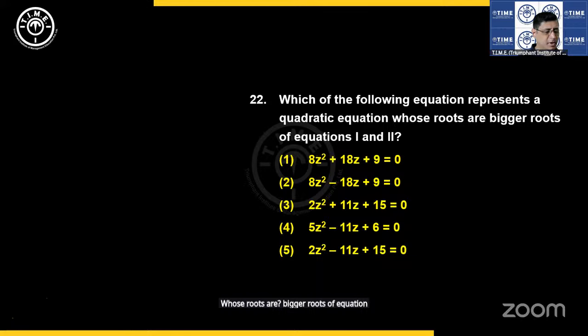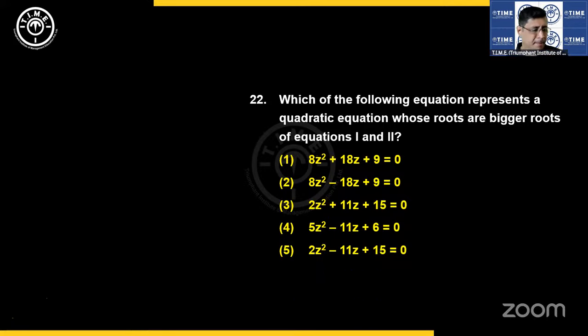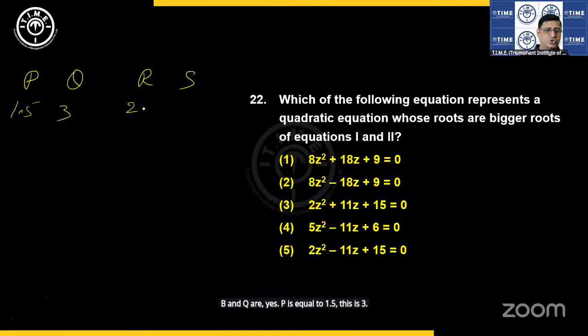Please try this example by using the previous data. P and Q, R and S. P is equal to 1.5, Q is 3, R is 2.5, and S is 3 by 4.